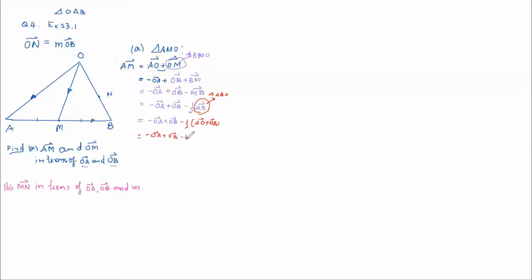Minus 1/2. We have vector OA, right? But this one AO. So this should be negative sign, right? So negative sign, negative times negative. This one should be plus OA. This one gonna be plus OA, but this one negative 1/2 times OB is still negative 1/2 OB.